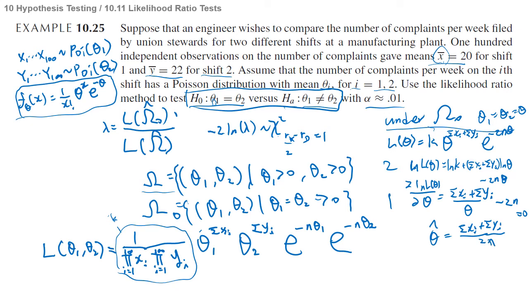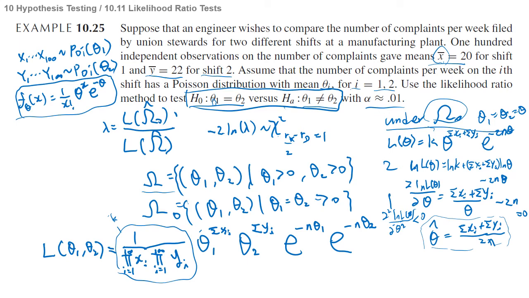And if you differentiate ln L theta again, and put theta hat here, then you can check that this is less than 0, and so this is the maximum likelihood under the omega 0 space. And also I will leave it to you.